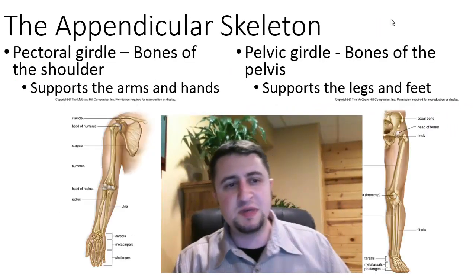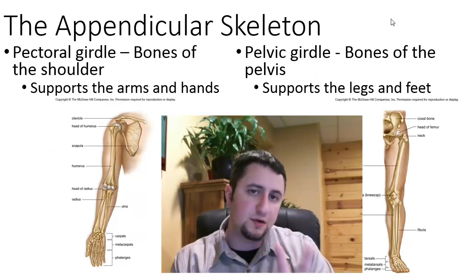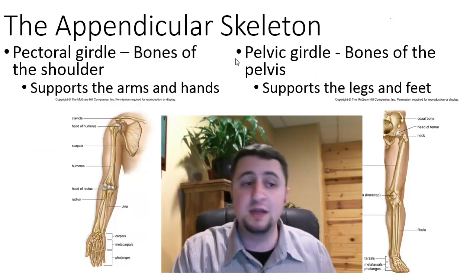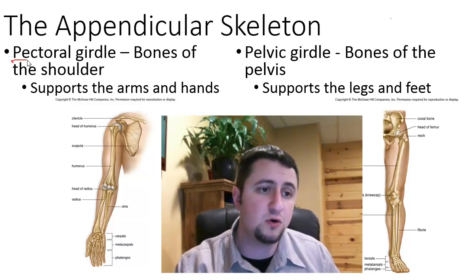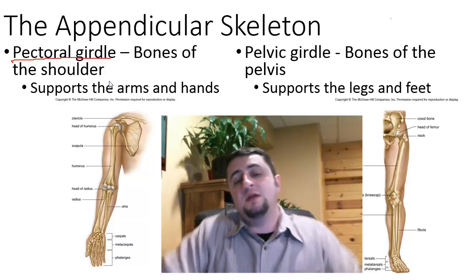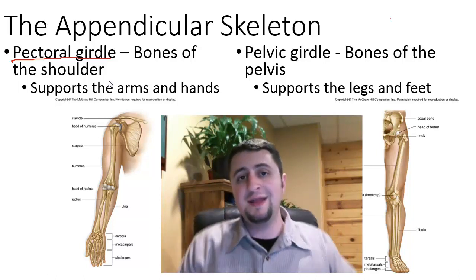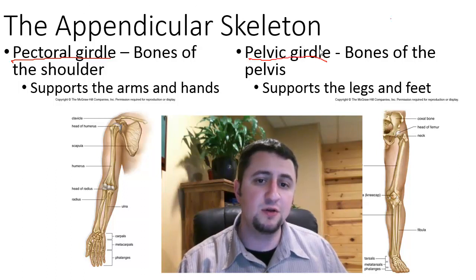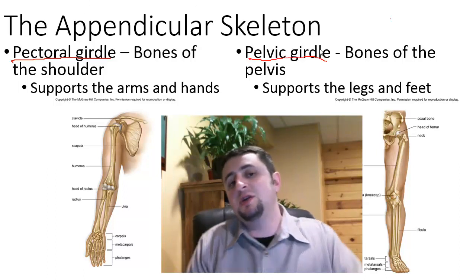A little bit more specifically, there are 2 parts to your appendicular skeleton. Makes sense, right? You have arms and legs. The pectoral girdle is the bones of the shoulder. So we're talking about the arm bones, the shoulder, and the hands. Then you have the pelvic girdle, and that's the bones that attach to the pelvis.